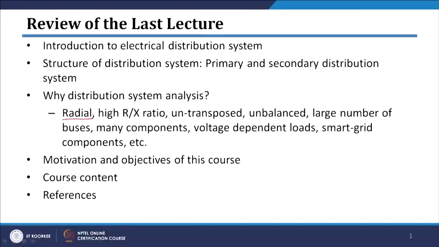So there are different things, like the distribution system is radial, unlike your transmission system, which is interconnected. Then we have seen the ratio of R by X is higher in case of distribution system. Then distribution system lines are untransposed, and loads are highly unbalanced.